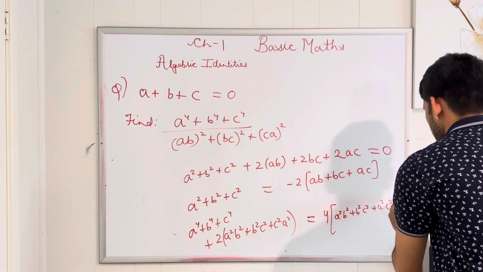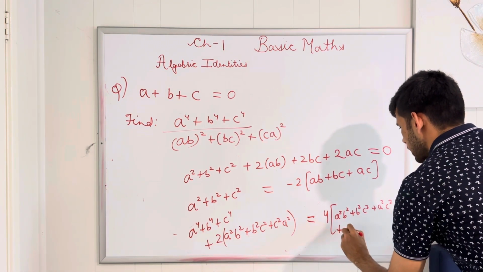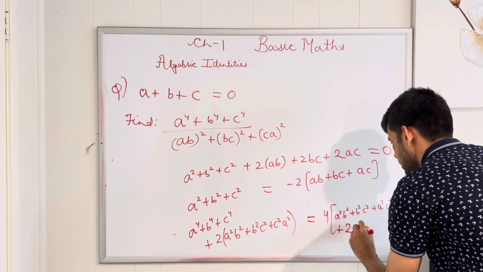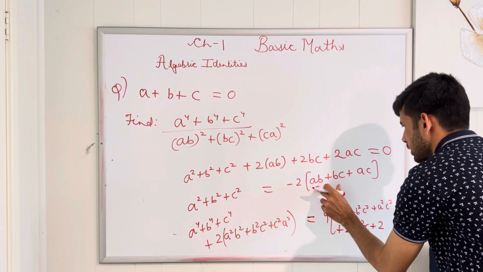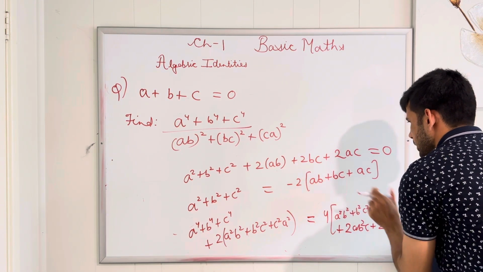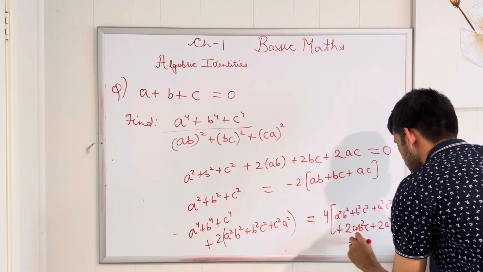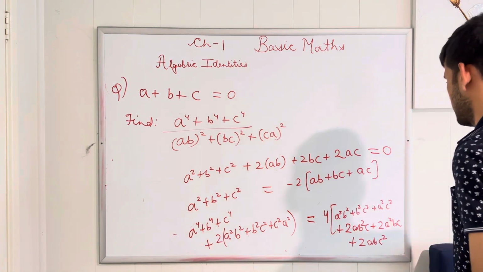And now it will be multiplying these both the terms, so that will be 2 times ab square c plus 2 times a square bc plus 2 times abc square, right?